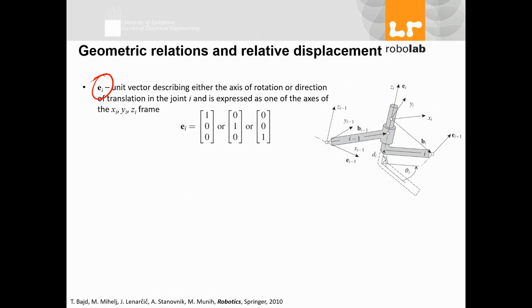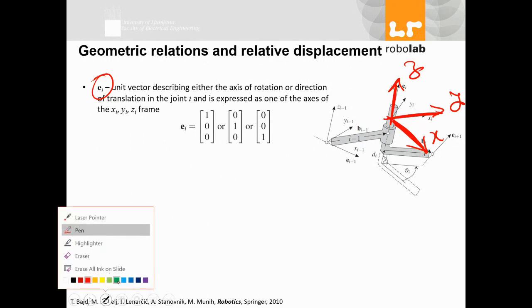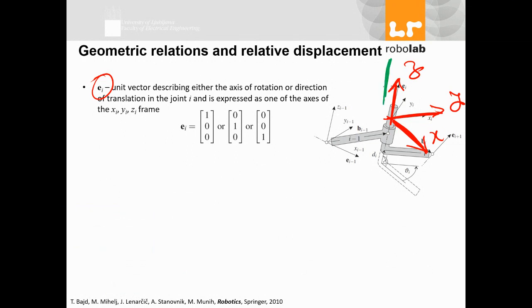Okay, so in a joint like this, if I'm defining my coordination system as this, X, Y, Z, my E also is in this direction, or can be in this direction, or can be in this direction. How do you pick? Depending on your robot structure and which one is easier for you.